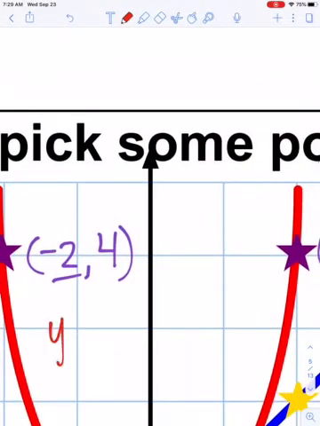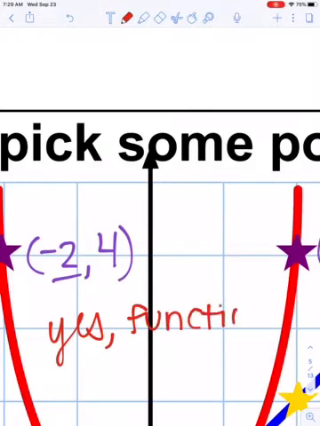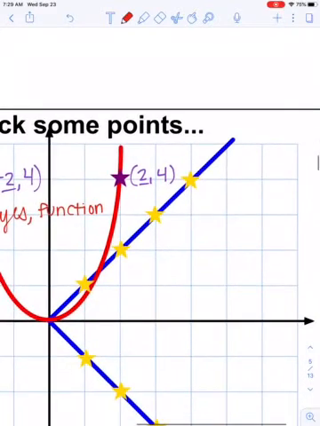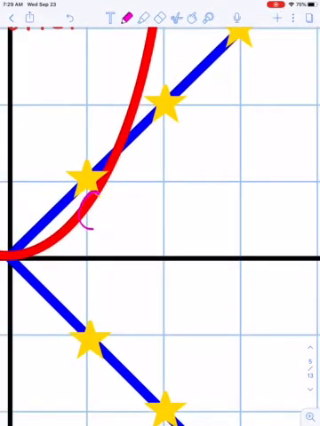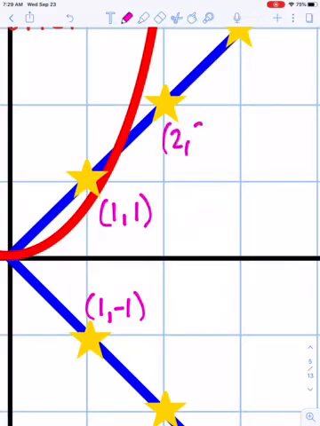So the red one, we'll color code. The red one is a function. None of those X values are going to repeat. If we look at the blue one, we can pick this point at the top is 1, 1. Down here, we're at 1, -1. 2, 2, 2, -2.